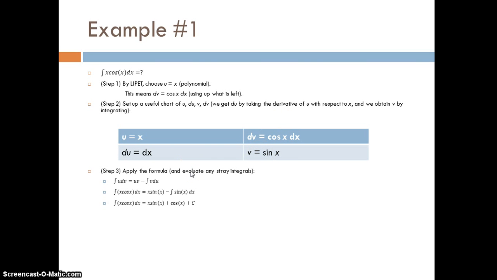Now that everything's in our nice little chart, we apply our formula. We get the integral of u dv is equal to x times sine of x minus the integral of sine of x dx. Usually in this process, we're going to have an extra integral that we'll need to evaluate somehow. In this case, this is a pretty easy one to evaluate. The integral of negative sine of x dx would be cosine of x. And don't forget your plus c.